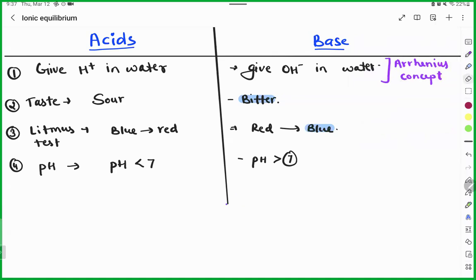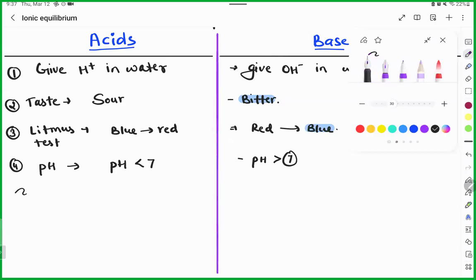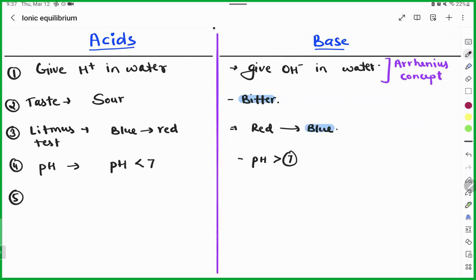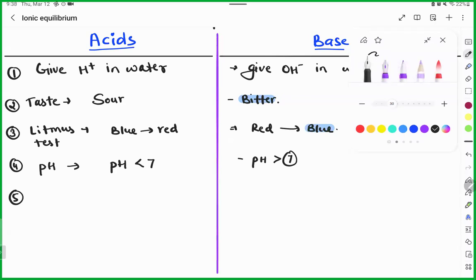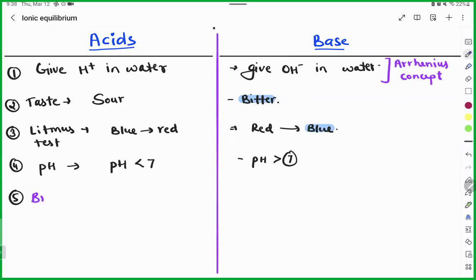Tanvi, what is the Bronsted-Lowry concept? Not sure, sir. Okay. So, fifth, we are comparing acid and base based on the Bronsted-Lowry concept. The first concept was Arrhenius, very important.